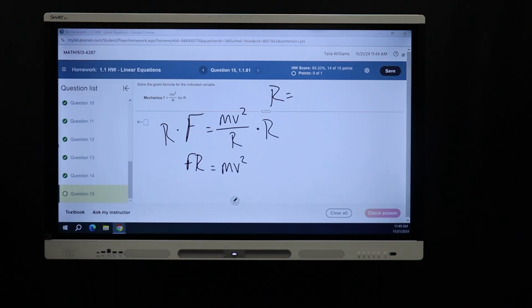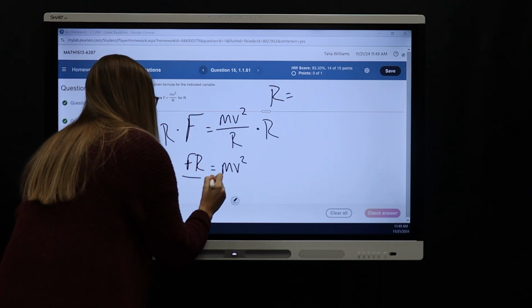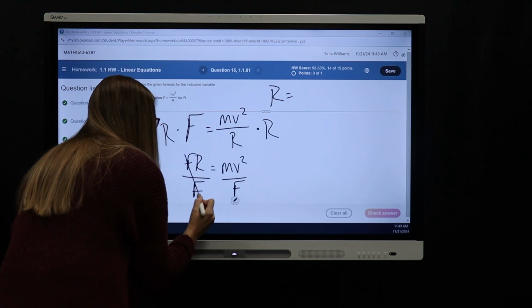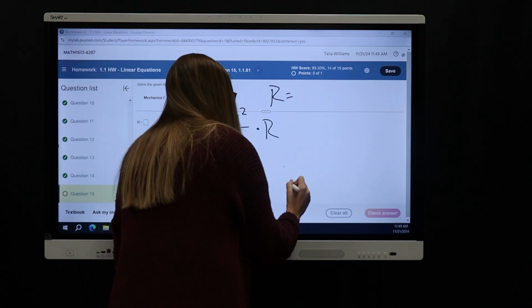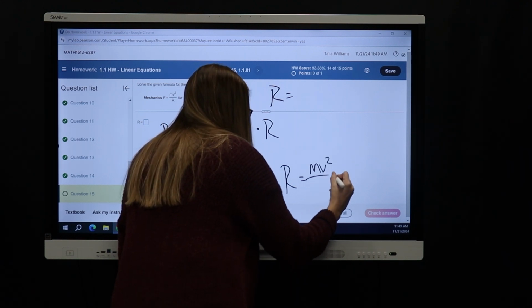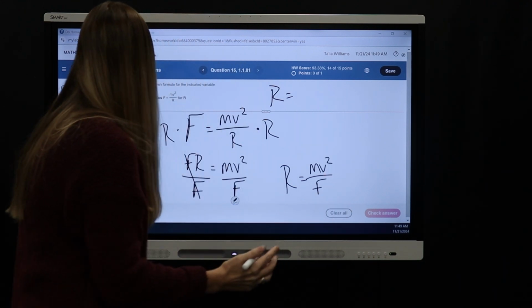And then, since I need r alone, f is with r, they're being multiplied right now. So the opposite of multiplication is division, but we're moving the f away from r. So r equals, I think it's mass times velocity squared divided by force.